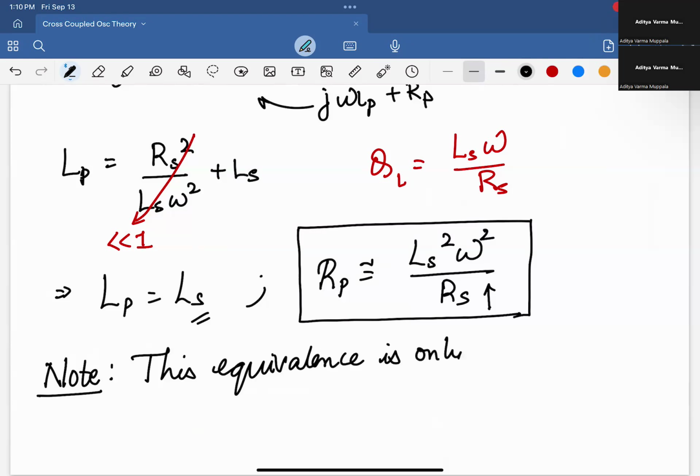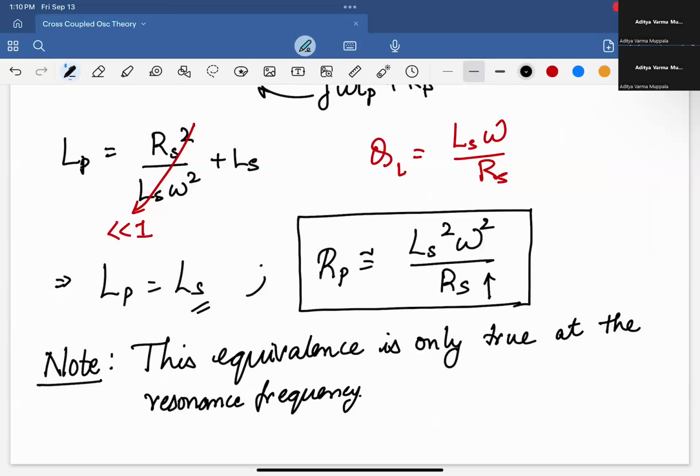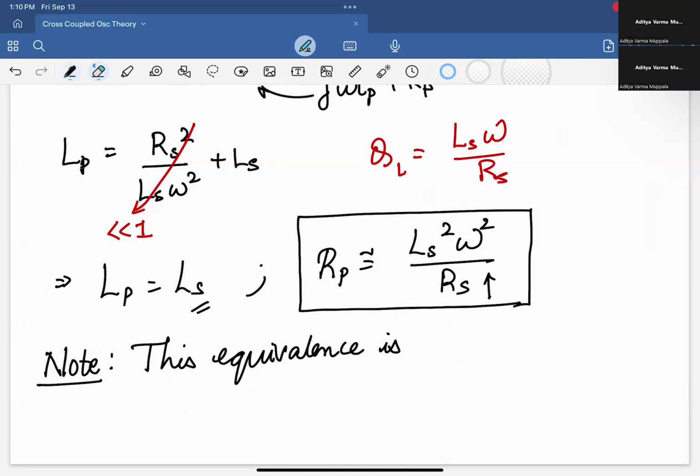It is only true at, I should say, the resonance frequency, or this omega frequency, not exactly the resonance frequency, but this omega. So it's only true at a specific omega. Let me say this equivalence is narrow band.